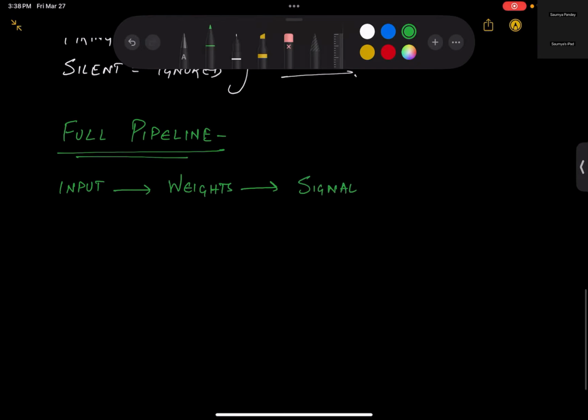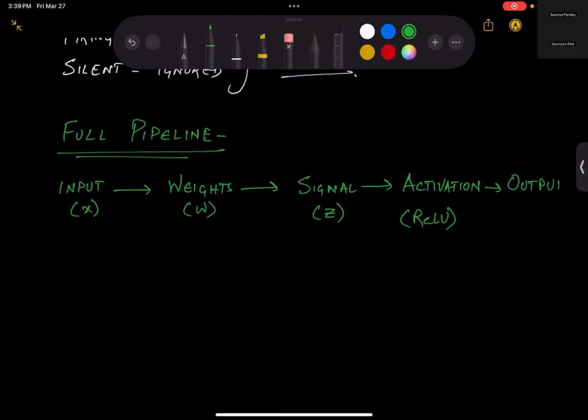That was Z, right? This was W. This was X. This was Z. Then comes activation, which we discussed was ReLU here. And this gives output.